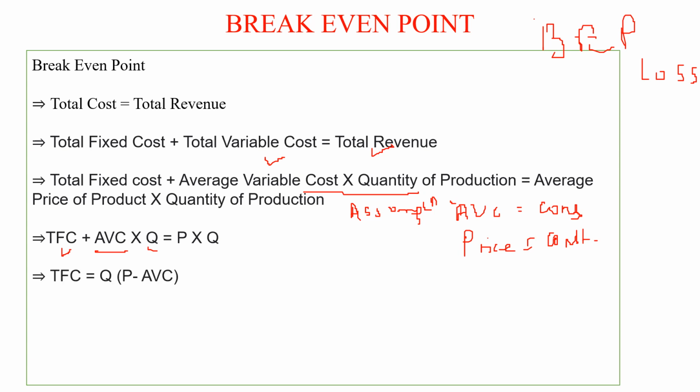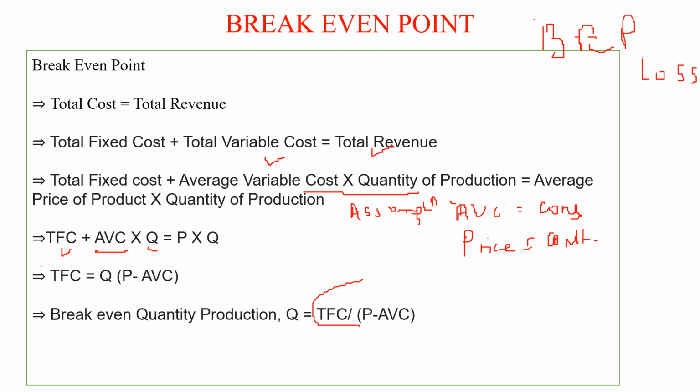Then ultimately you will know that total fixed cost equals Q multiplied by P minus AVC. That means the break-even quantity of production Q equals TFC divided by P minus AVC. Numbers of times this is called contribution.